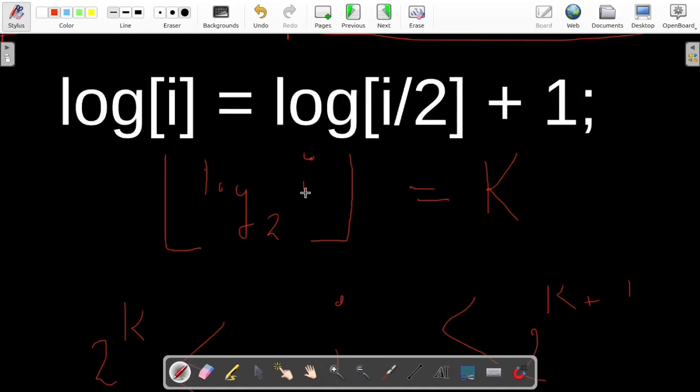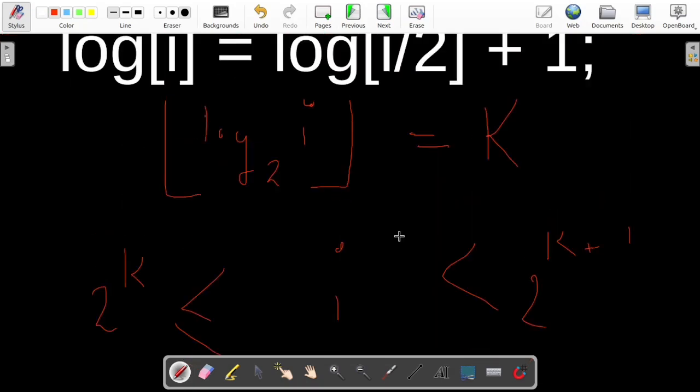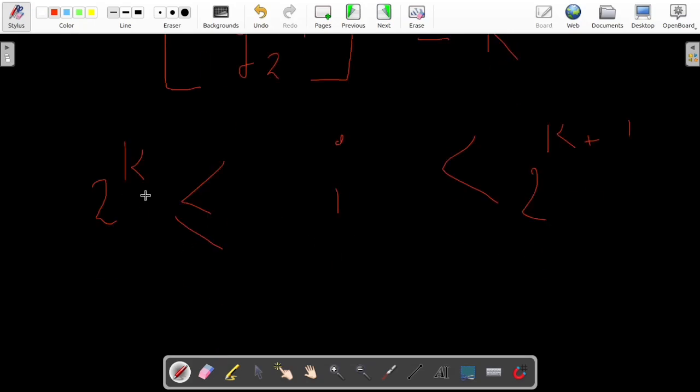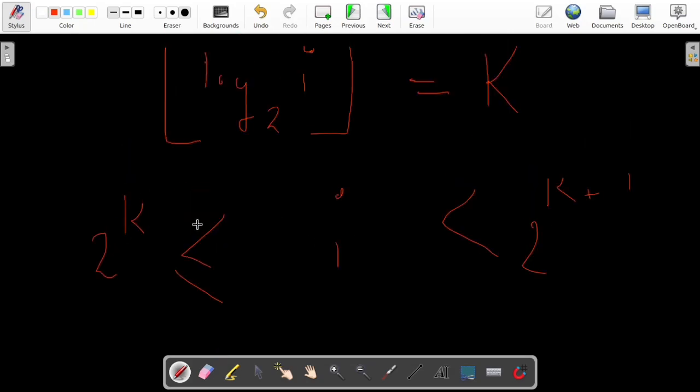For any length i, we can write log i to the base 2 equals k. And you can write this equation like this: 2 to the power k is greater than or equal to i, and this i will be of course less than 2 to the power k plus 1.